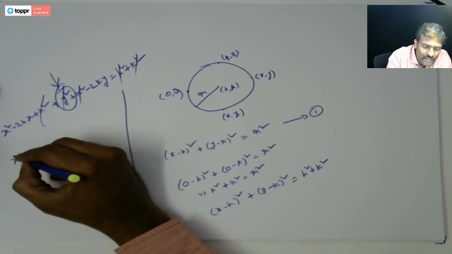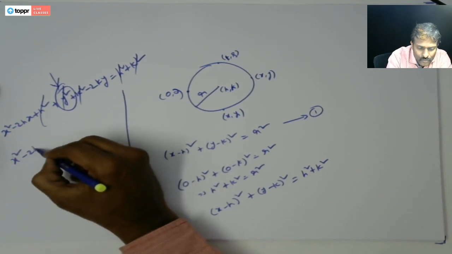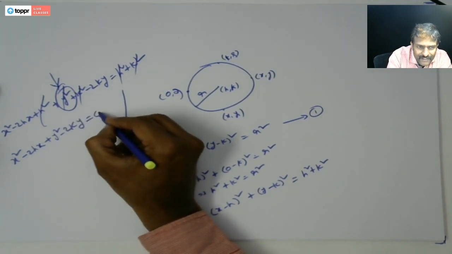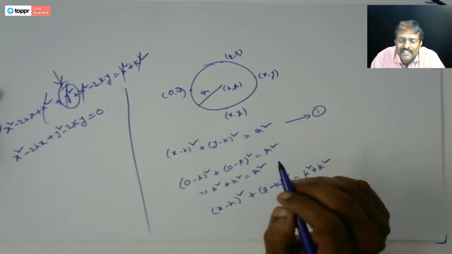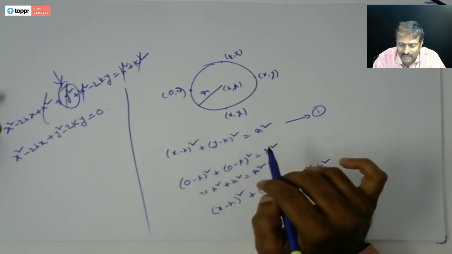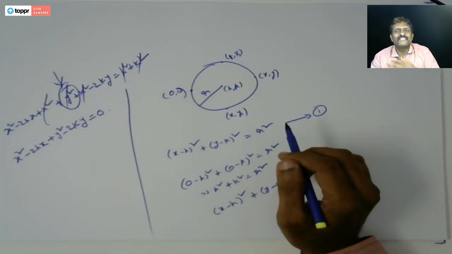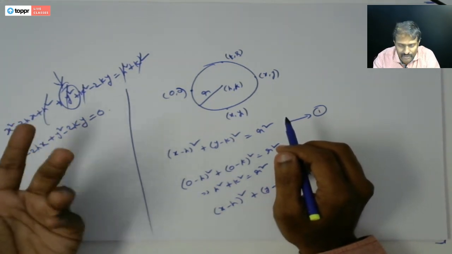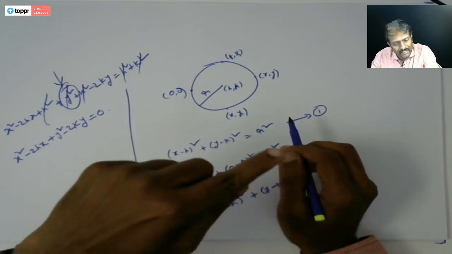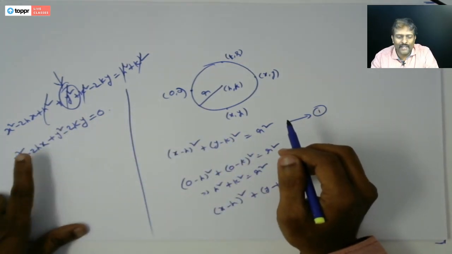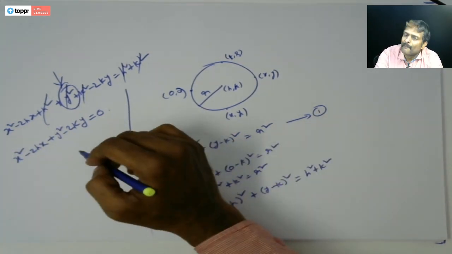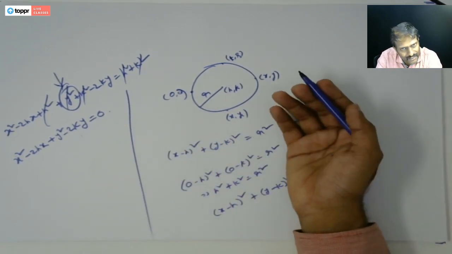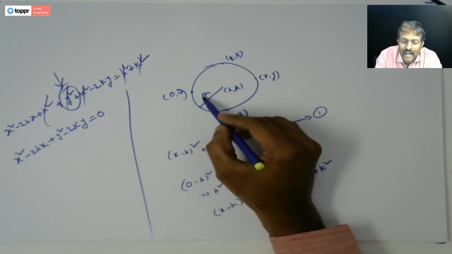Now what is our equation? x square minus 2hx plus y square minus 2ky is equal to 0 is the special equation of this circle. So when a circle is passing through a particular special point, which is here our origin, 0, 0, then the circle has an equation x square minus 2hx plus y square minus 2ky equal to 0, h comma k being the center of the circle and r being the radius.